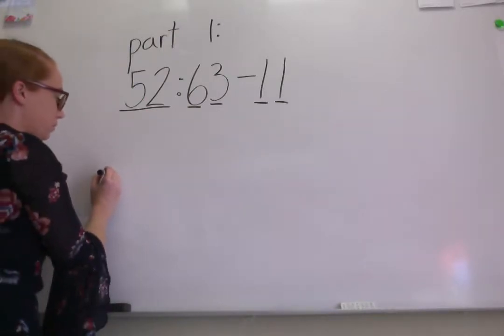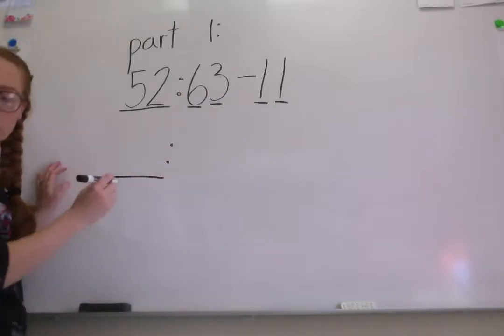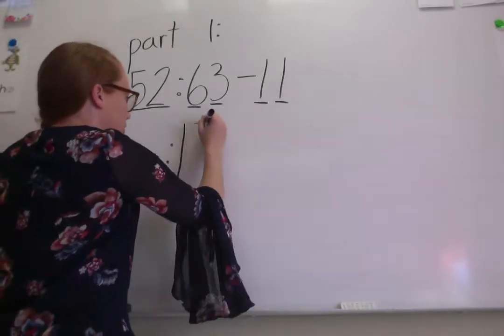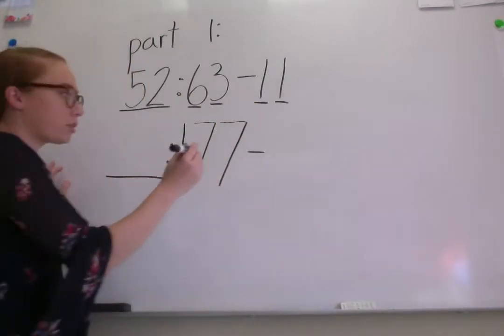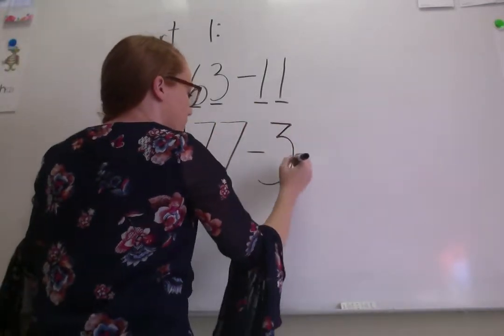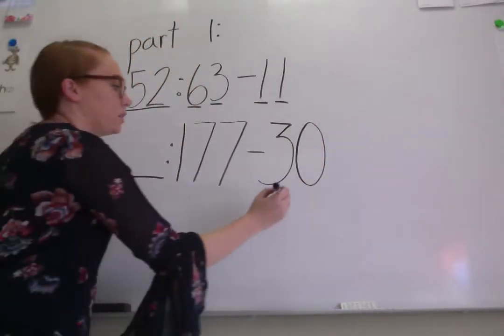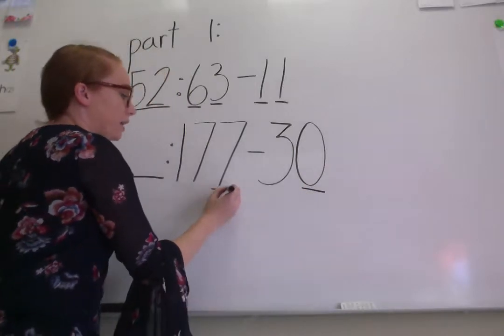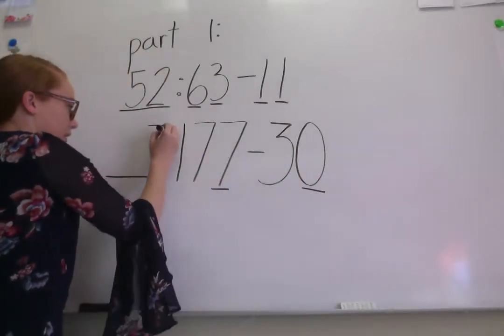Another example, blank equals 177 minus 30. We're going to do our ones first. 0 and our 7 are in our ones place. 7 minus 0 is still 7.